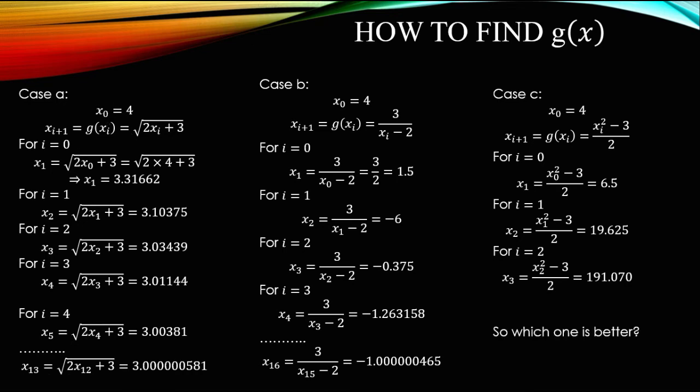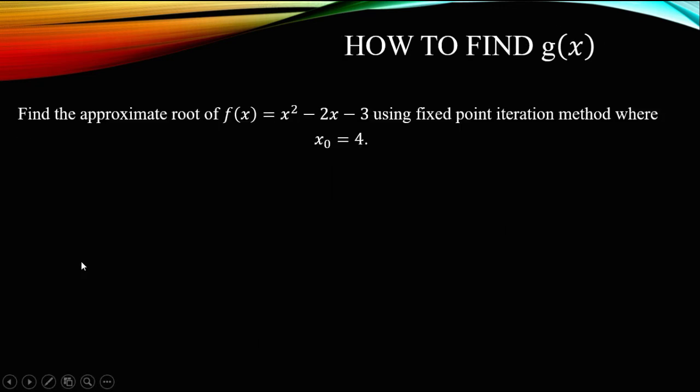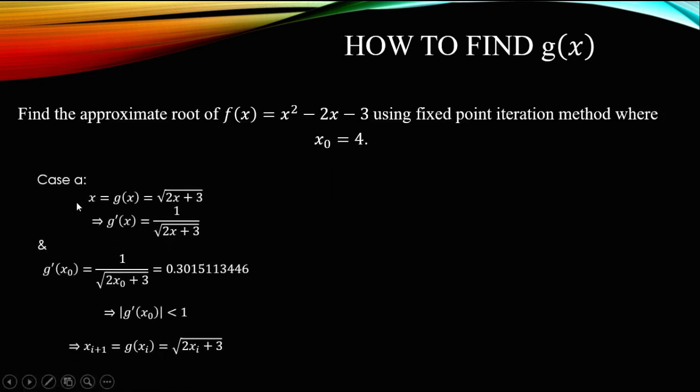To find the right system generating function, you need to solve the given equation for x. After solving the given equation for x, you need to differentiate it.